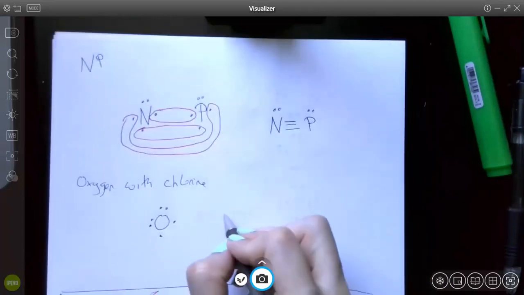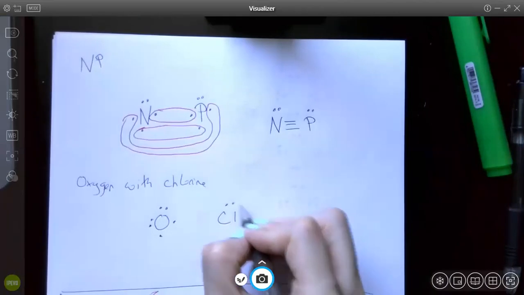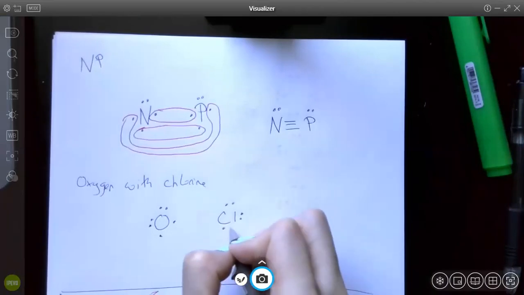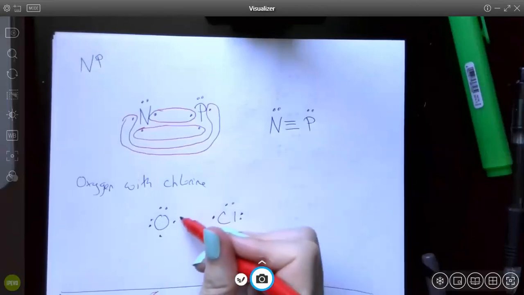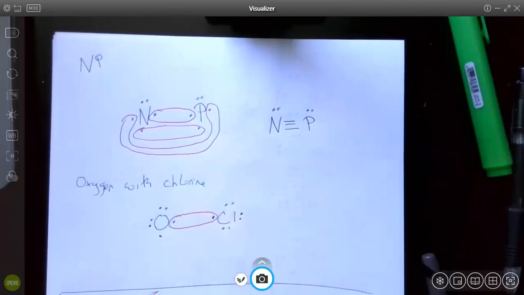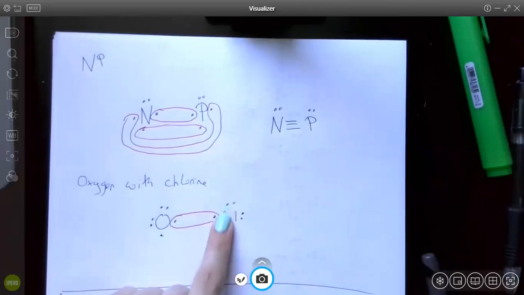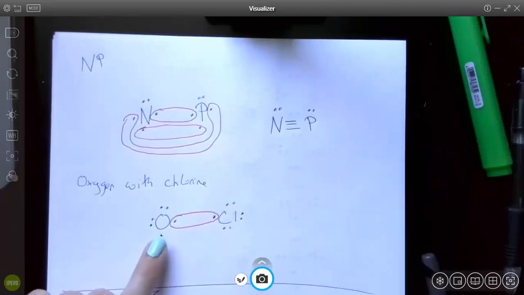Then my chlorine has 7. And I'll form a bond between them, create my little sausage. Then you'll see this oxygen has a lone electron left over, the chlorine doesn't. And that's not allowed. I cannot have any lone electrons not inside a bond.